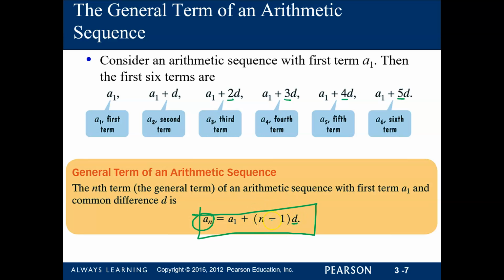If you will notice, for the third term, we are multiplying d by 2. Why? Because we have 2 of the common difference. And that pattern will always be represented by n minus 1. Where do you find this n? It is this one, okay?